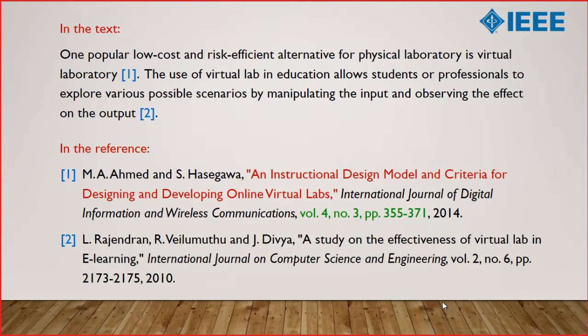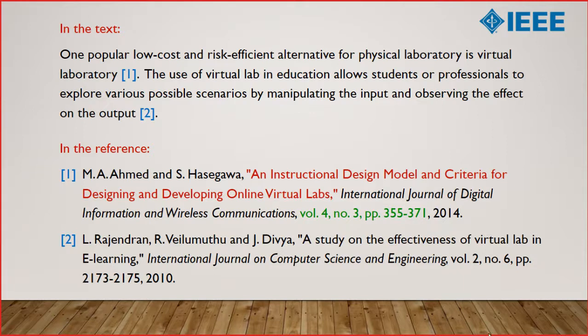Now this is in the reference. In the reference, you will notice that we refer to a particular literature based on the numbers. For example, if there is number 1 in the text, there is number 1 in the reference. You see number 2, and so on. We do not refer based on the name of the authors, but we use the numbers 1, 2, and so on.